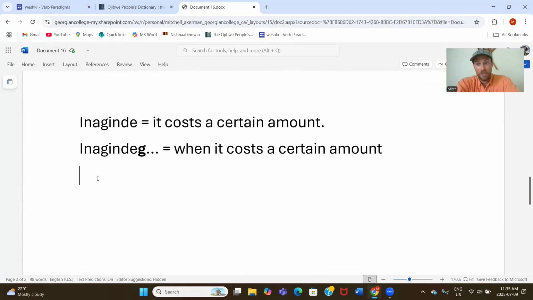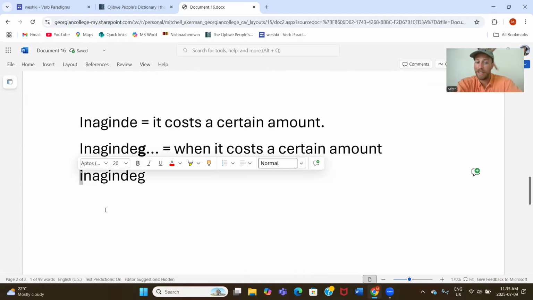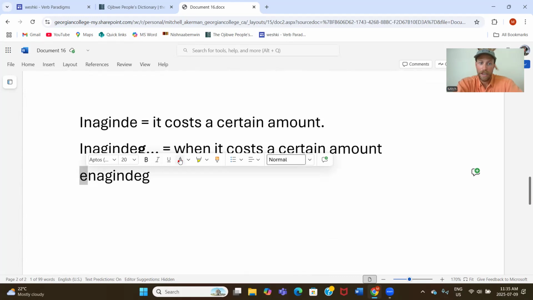And then finally, we can take it to C form all the way. So if we look at inagandeg, the first vowel is this I up at the front. I becomes E, and that is initial change. Done. And then the second thing, I already had that conjunct ending in inagandeg. So inagandeg becomes enagandeg.